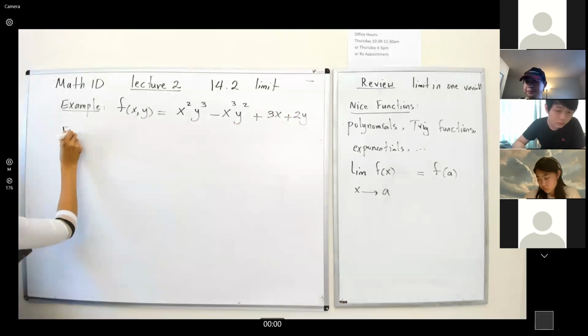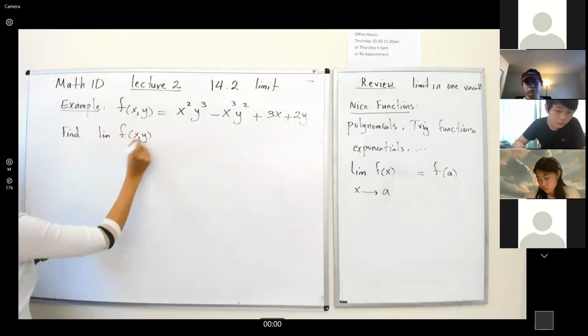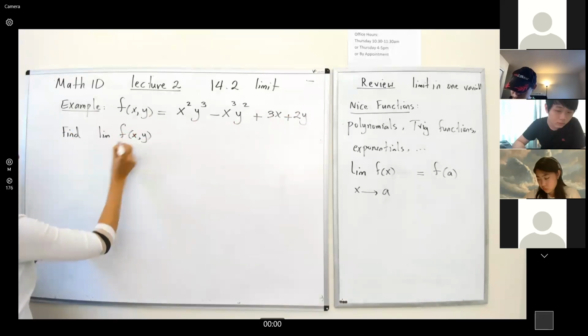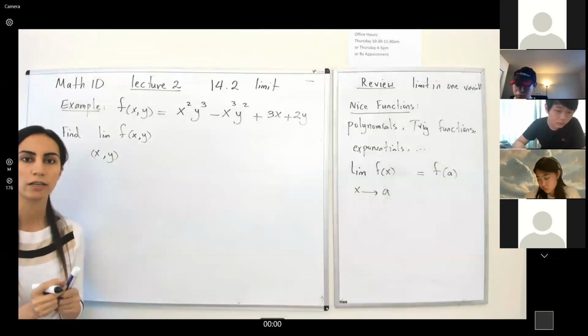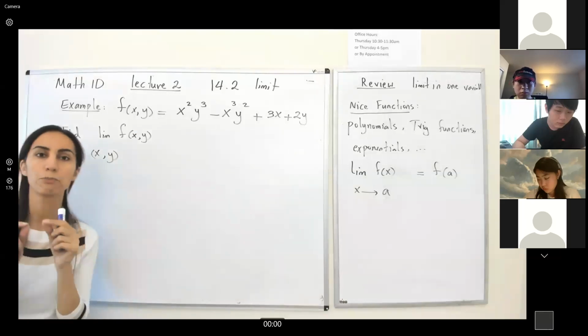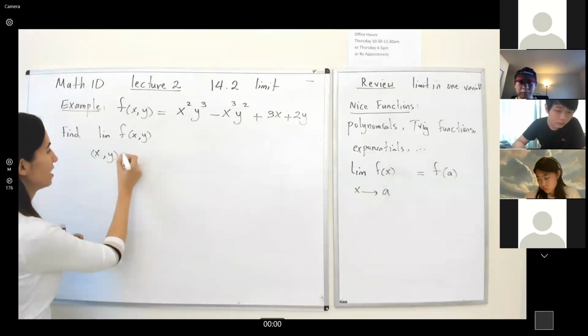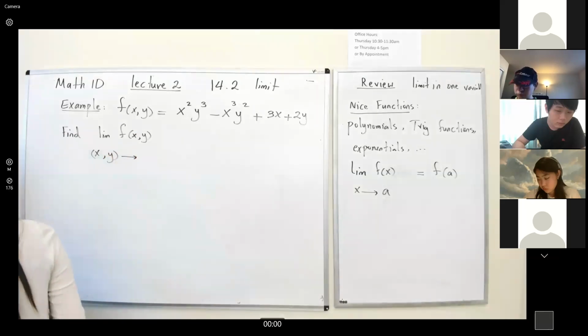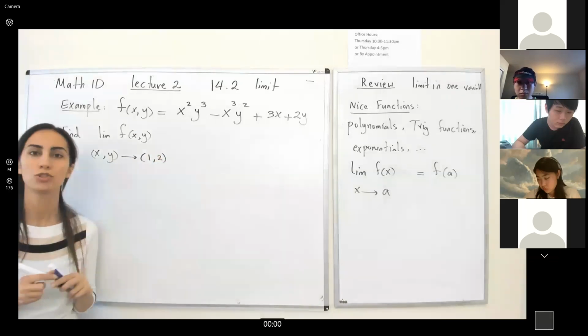Find the limit of f of x and y, so you need to assign numbers to both coordinates, x and y, while x and y approach 1 and 2.